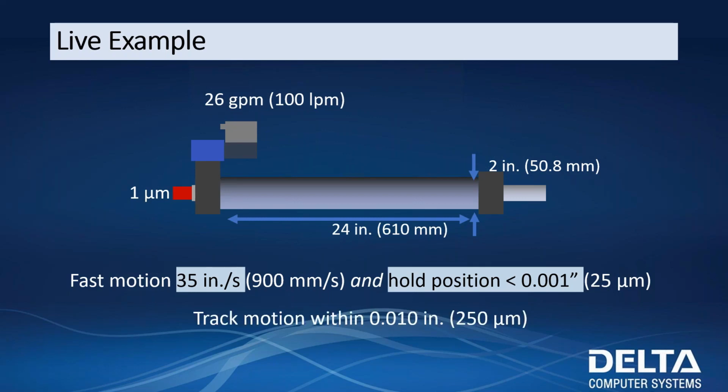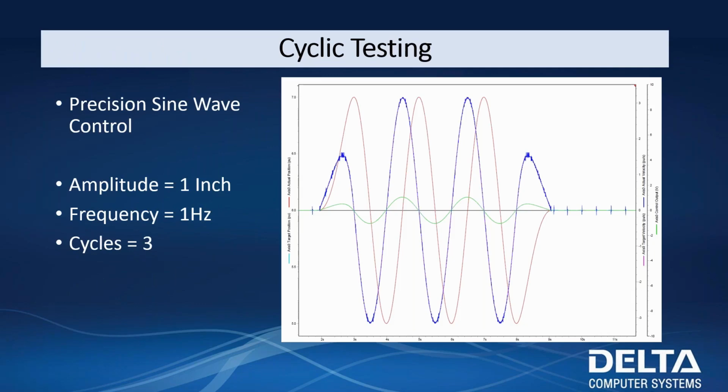We're able to track motion within a hundredth of an inch as well from this system here. And you'll be able to see as we go through this just how tightly we're able to control our system here. Okay, so let's say you wanted to do some cyclic testing.